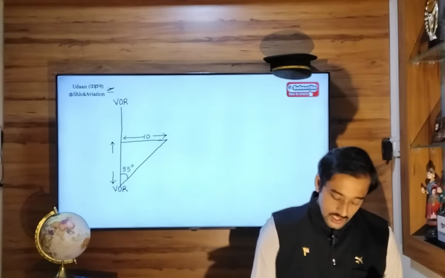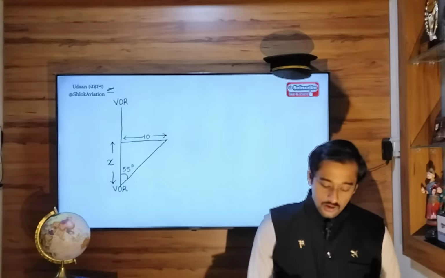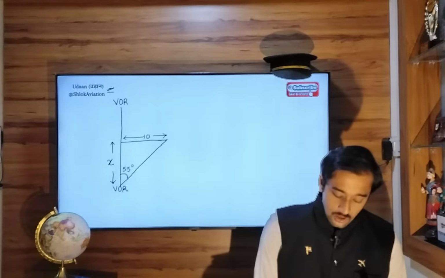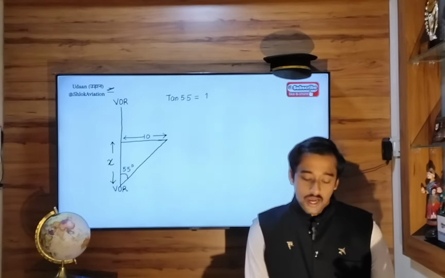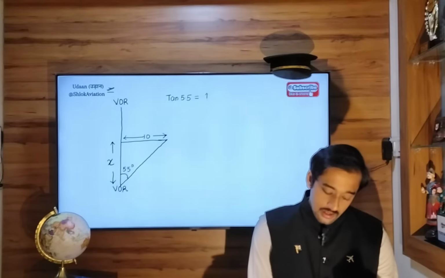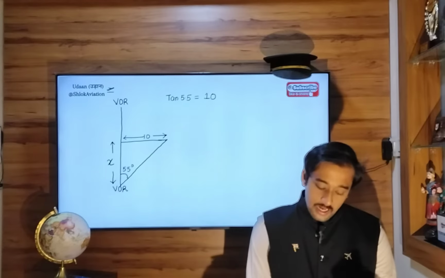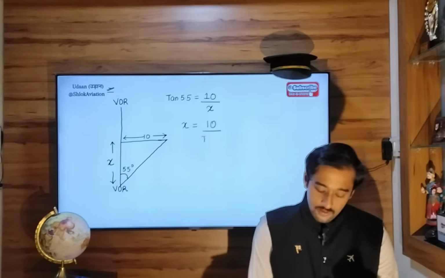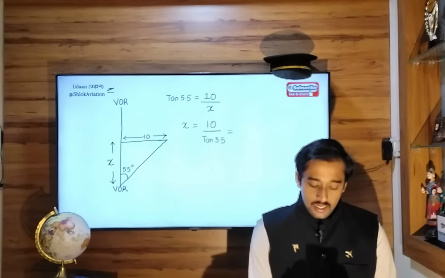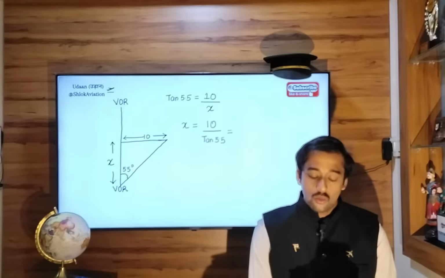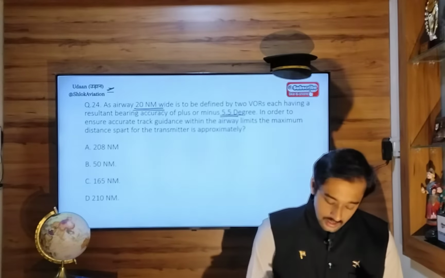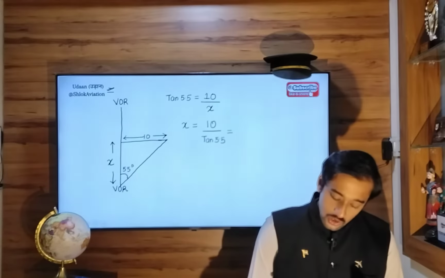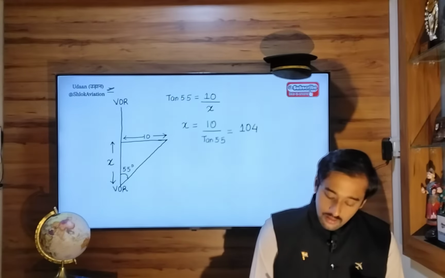And we have to find distance gone. Okay, so tan of 5.5 equals distance off track or the opposite side of the triangle, which is 10 nautical miles, divided by x. So x will be equal to 10 divided by tan 5.5. So 10 divided by tan of 5.5 is 103.8, nothing but 104 nautical miles.